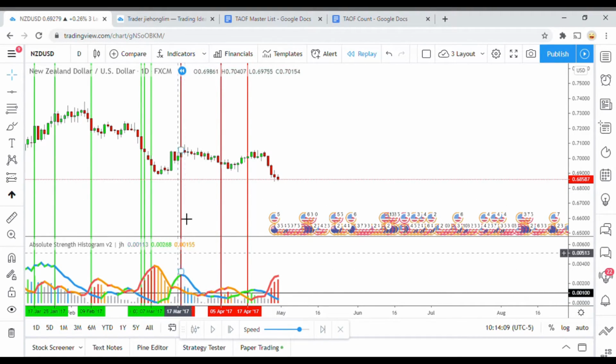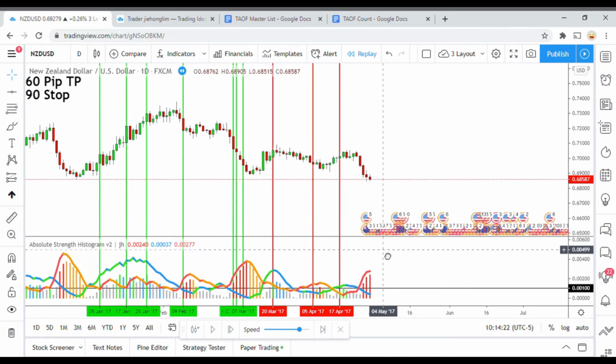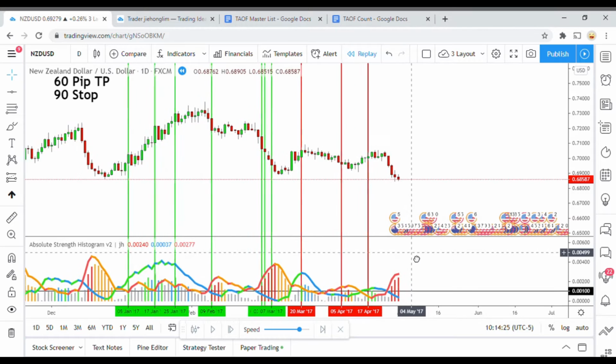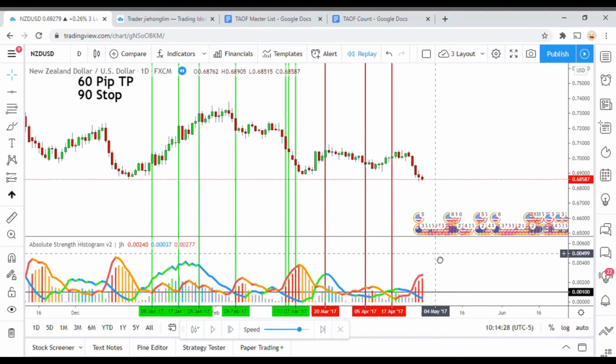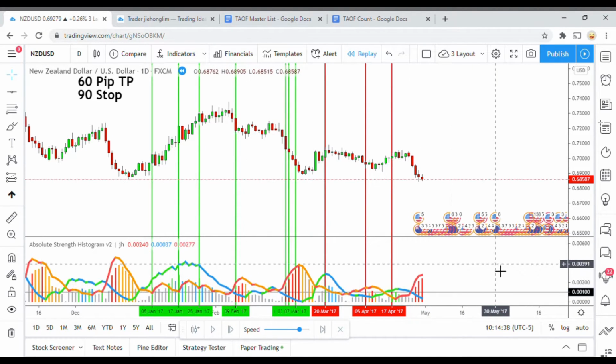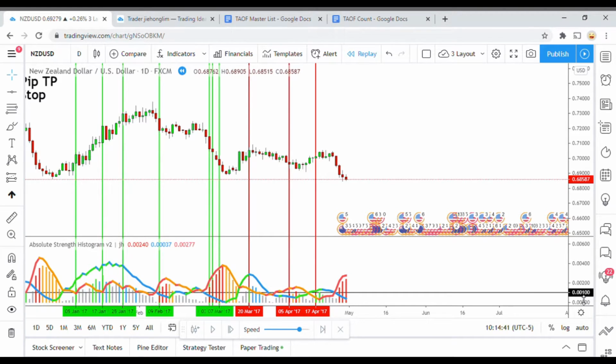And of course, this wouldn't stop all of the bad trades, but you see here that it would have kept us from taking this one, and this one, because the histogram bar was just so small. There was not a lot of strength behind it. And if we scroll back and look, every other trade back here, when it was a winning trade, the histogram bar had spiked up above the 0.00100 line that we just put in here.